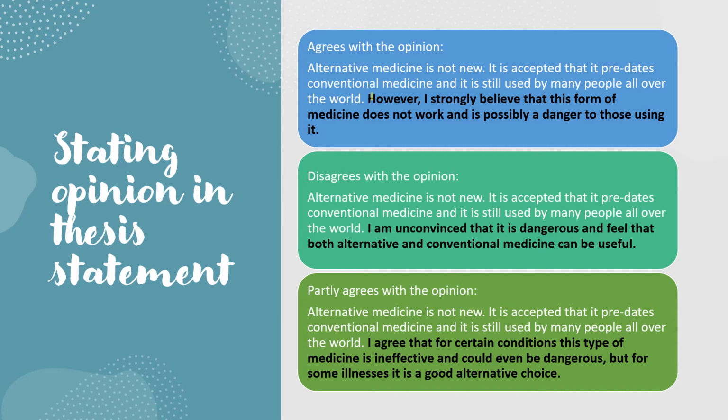Now the first statement is one that agrees with the opinion. However, I strongly believe that this form of medicine does not work and is possibly a danger to those using it. As you can see, the words I strongly believe show an opinion of agreement.